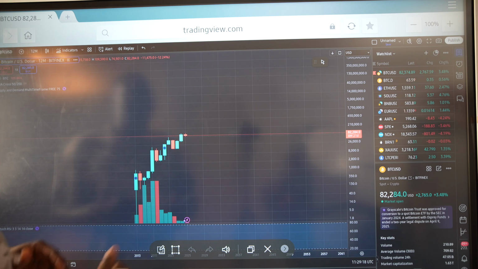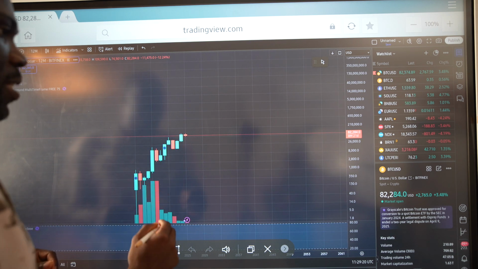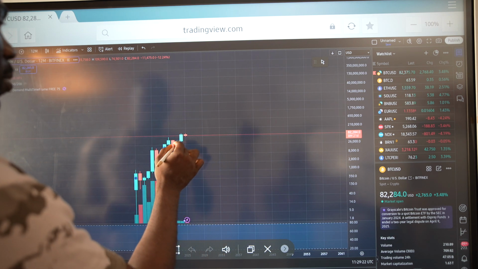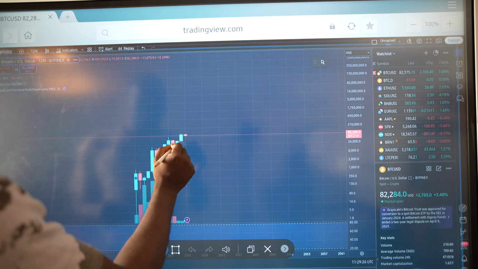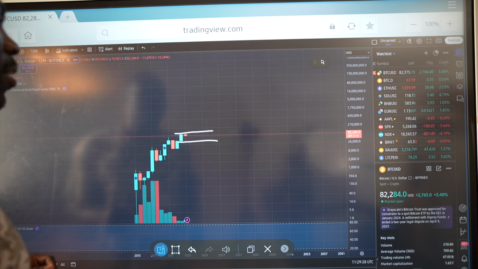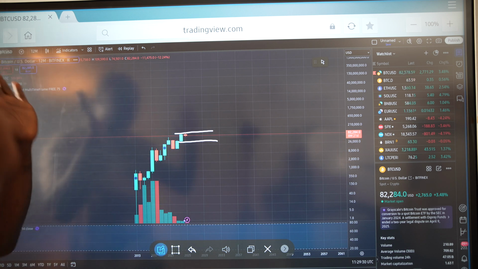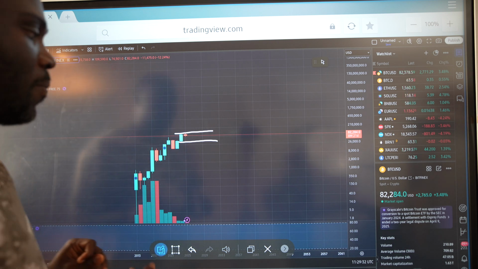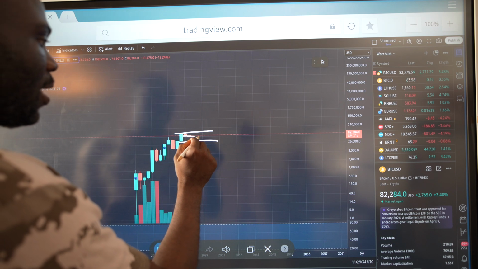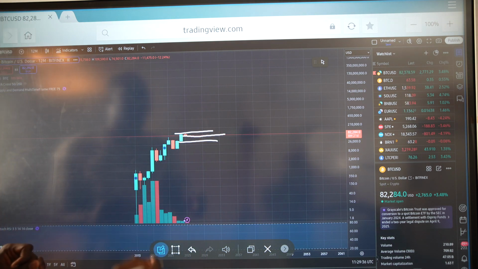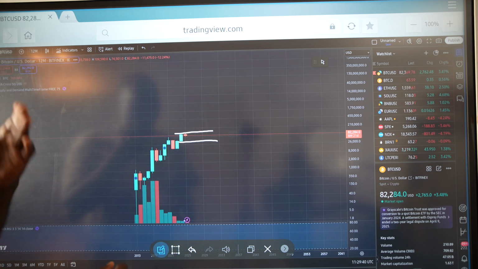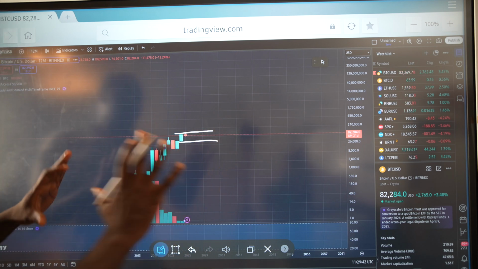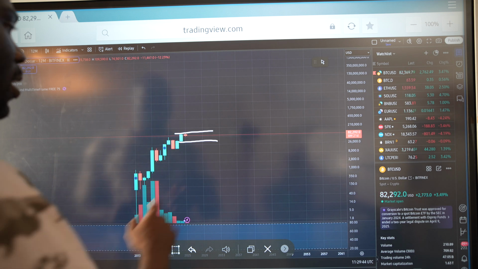If I take this one, for example, this means that Bitcoin has been between here and here for 2 years now. And in the last 1 year, it's been a smaller range compared to, so you get the idea of what I'm saying. But we'll understand this by the time I begin to drill down a little bit.